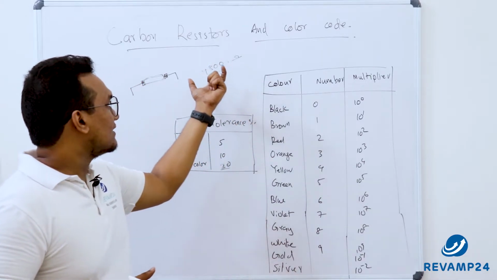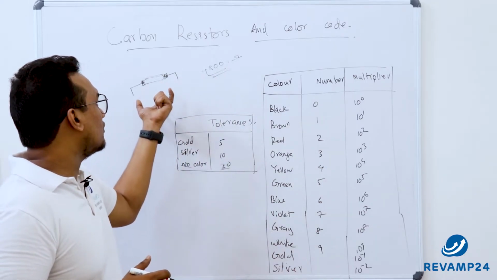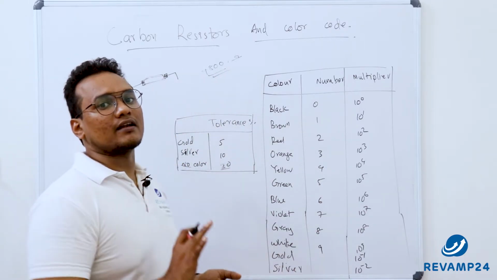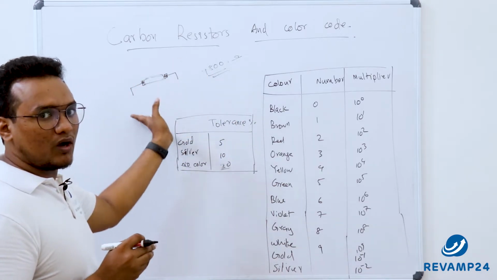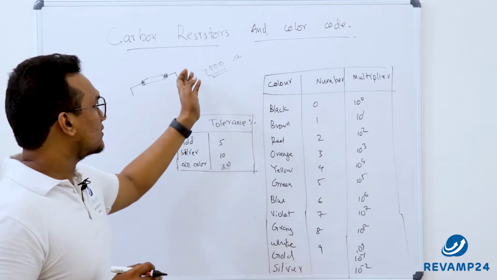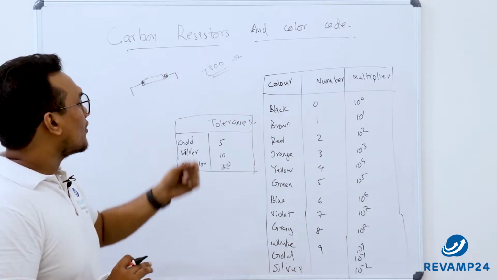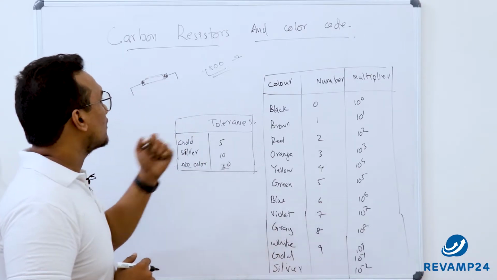So there is a chance of taking the value of resistance with error. To avoid this kind of error, reading difficulties and erasing of numbers, we are going to use a color code to represent the value of resistance.